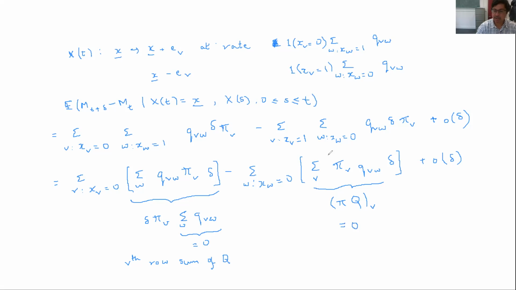Or maybe you just recognize these sums as the global balance equations. And this is saying that this should be 0. So similarly, this sum is 0 and this whole thing is 0. And all we are left with is little o of delta. And that shows that MT is a martingale.